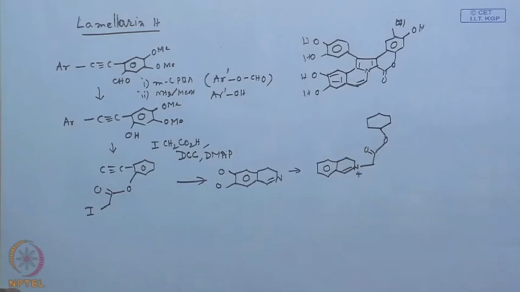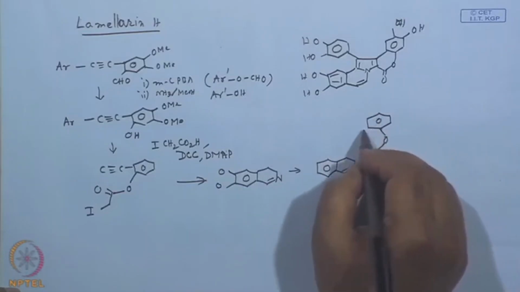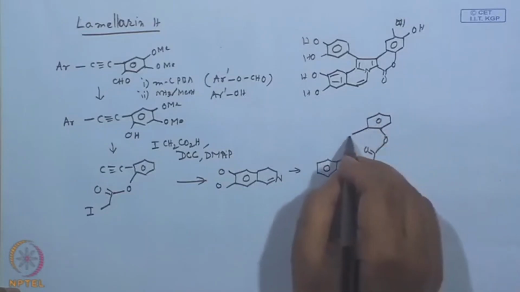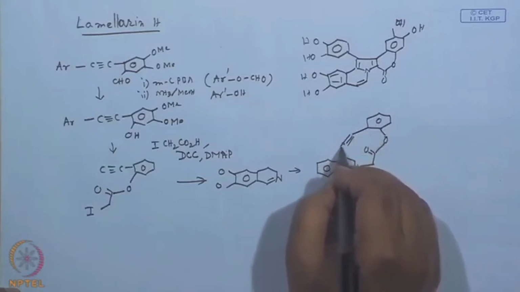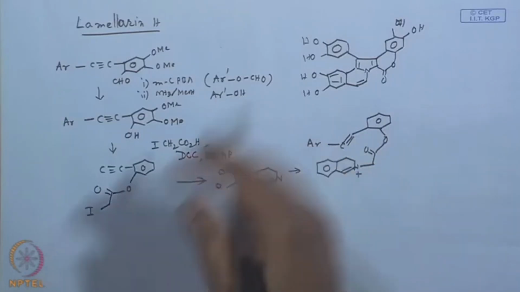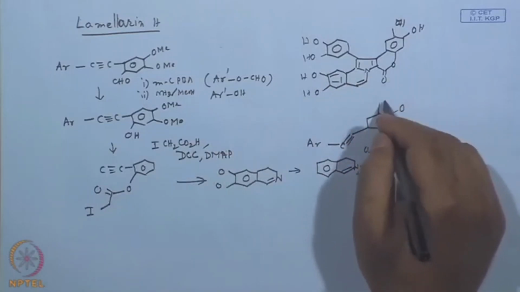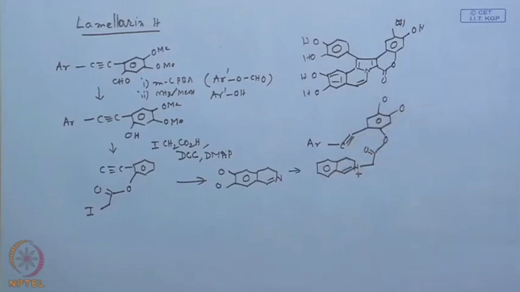So, you get the quaternization here. Then if you see, that is the triple bond here, and that is the aryl part here, and the rest as it is, and here and there you have this oxygen, all these things.